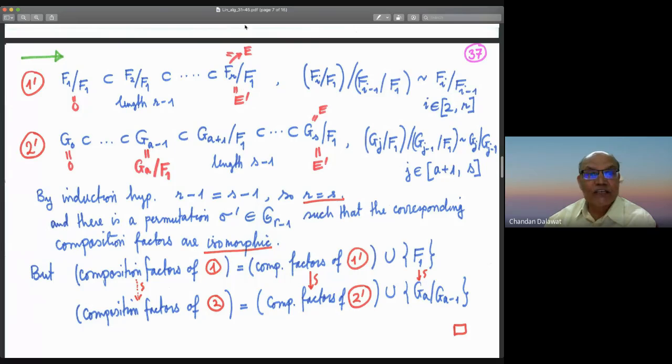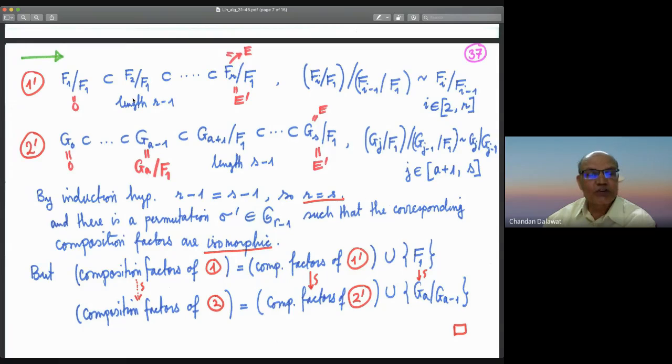Take E prime to be E modulo F1, or F_r modulo F1, because F_r is actually equal to E. And the composition series for E prime, the first one is F1 modulo F1, which is 0, because every composition series starts with 0. The second thing is F2 modulo F1, etc., etc. And the last term is F_r modulo F1, which is the whole of E prime.